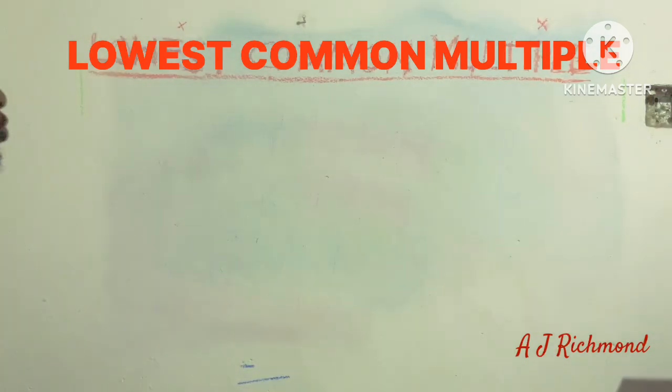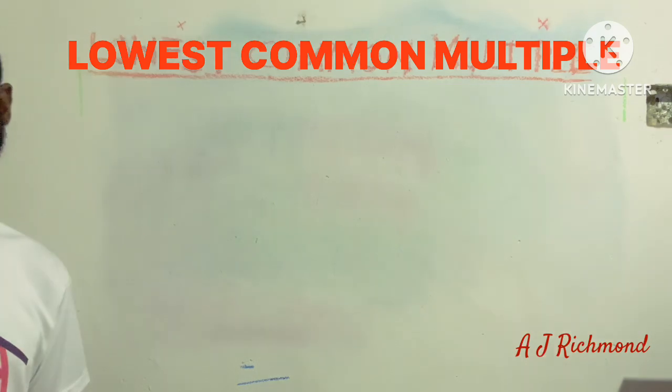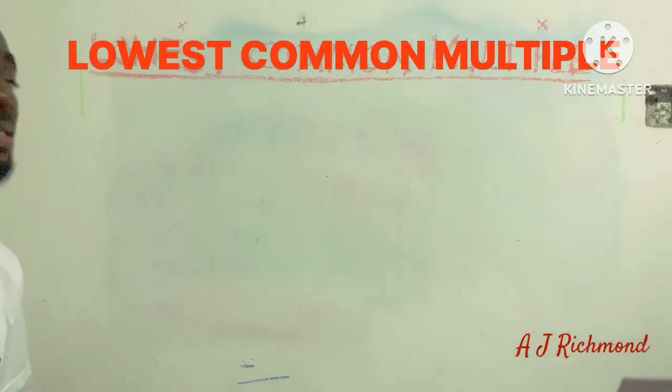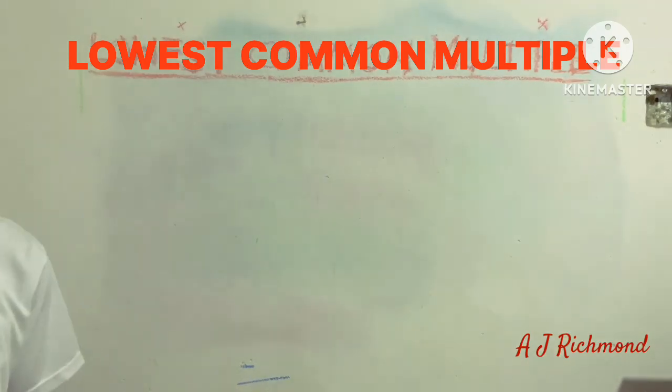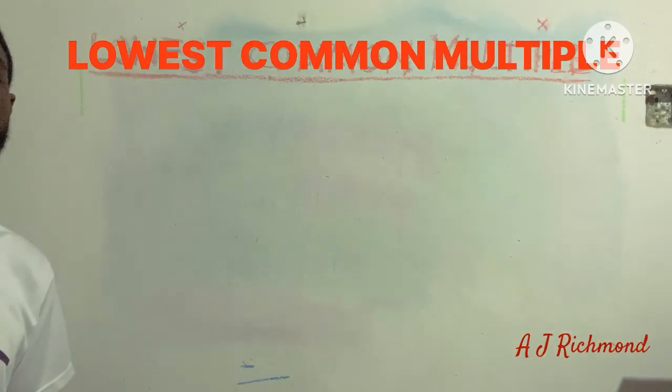And then multiple. So the lowest common multiple is going to be the smallest number that exists in both lists. We have already learned that multiples of numbers are infinite, they are unlimited, so we cannot find the highest common multiple, but we can find the lowest common multiple.